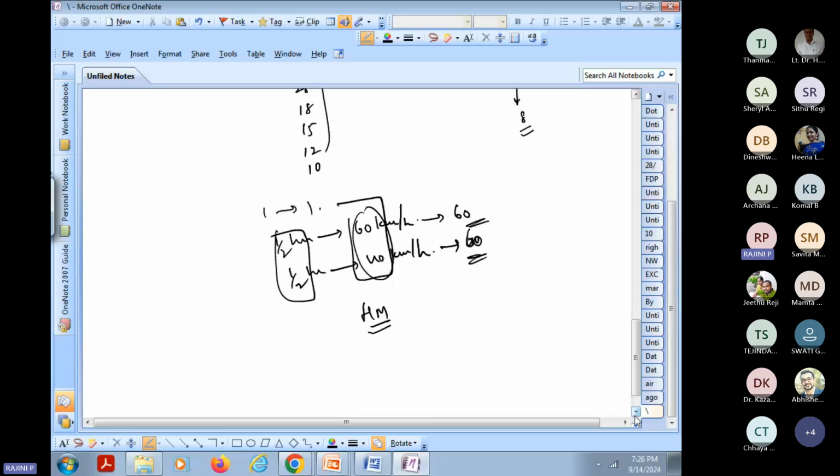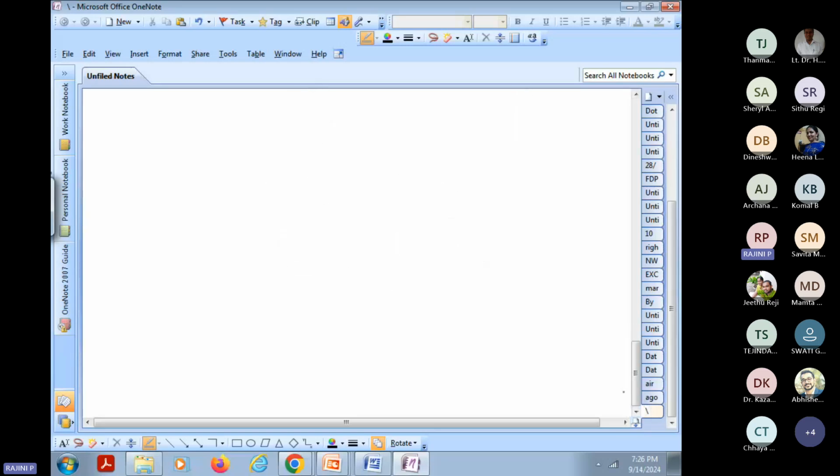And next, when we are applying the geometric mean, for example, I invested my amount in a mutual fund. In the first year, I got 10% growth in that particular fund, in the next year I got minus 5%, a decrease in the fund, and next I got an 18% increase.